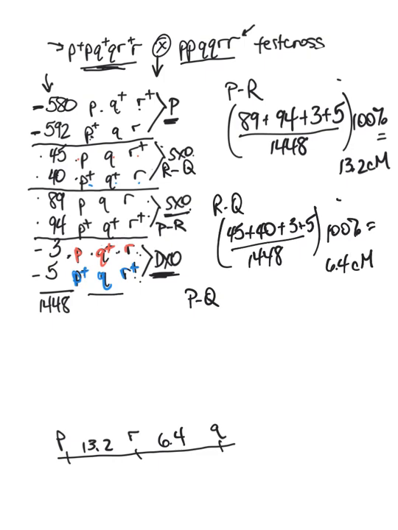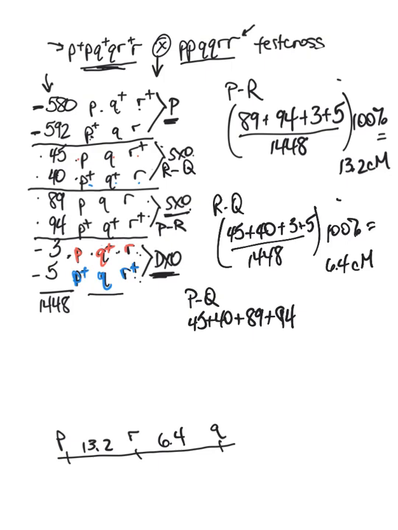So what I'm going to do is, between P and Q, add up all of my recombination events. The single crossovers, all four of them, all represent one crossover event between P and Q somewhere. So let's take 45 plus 40 plus 89 plus 94.